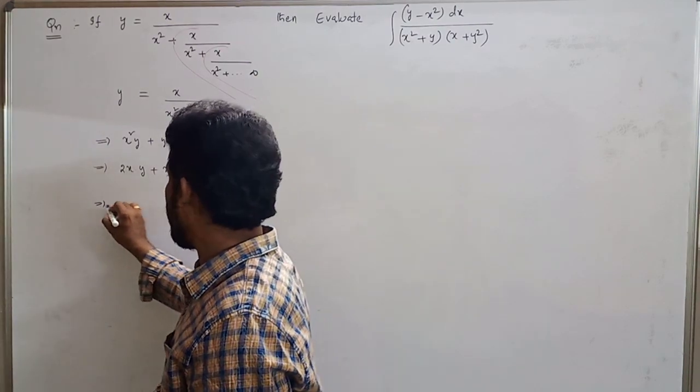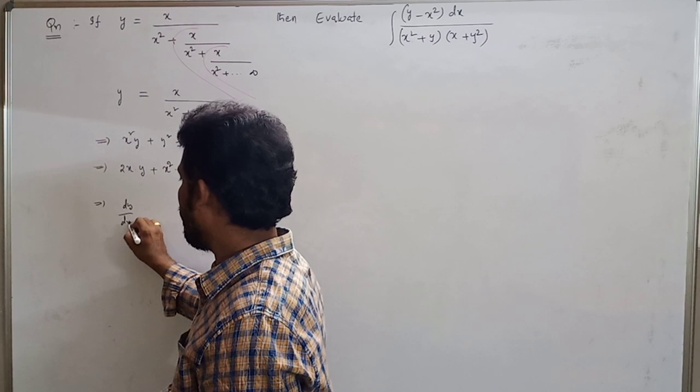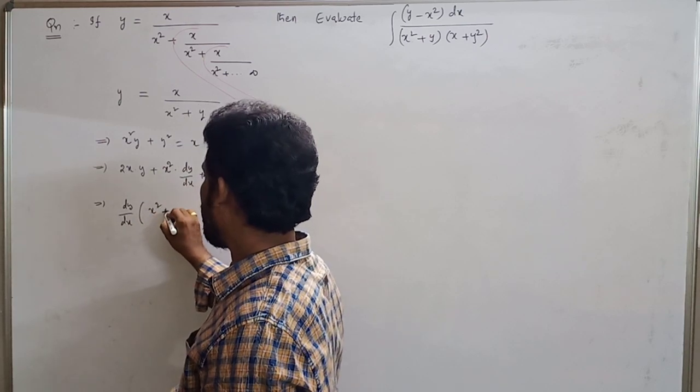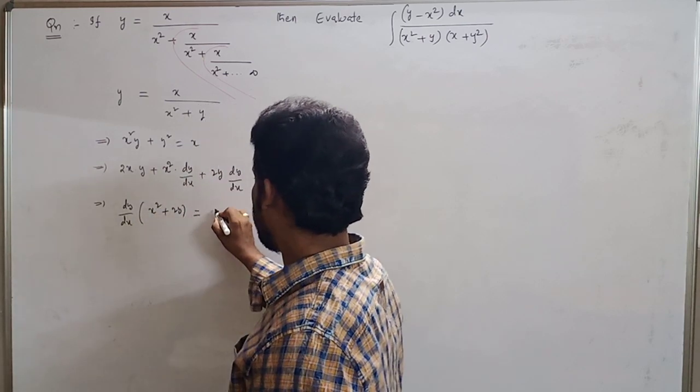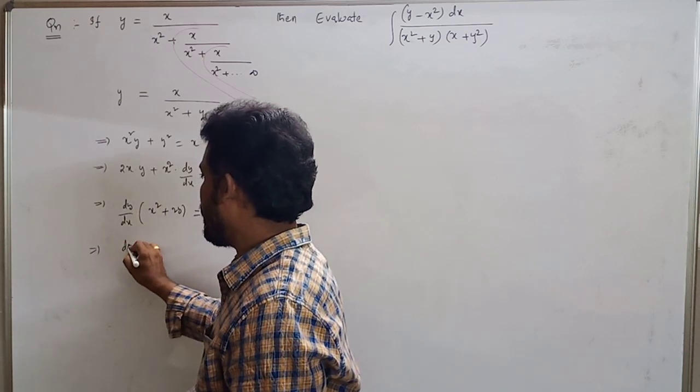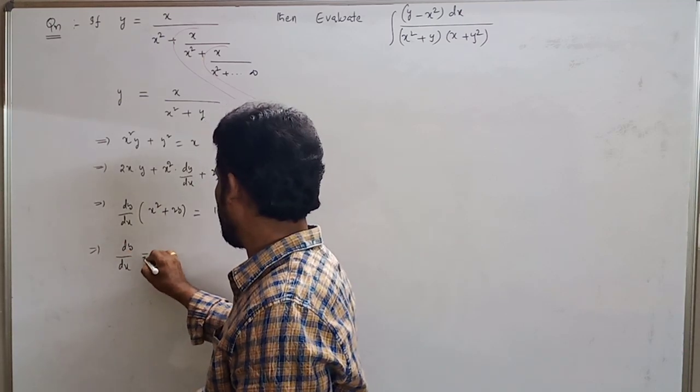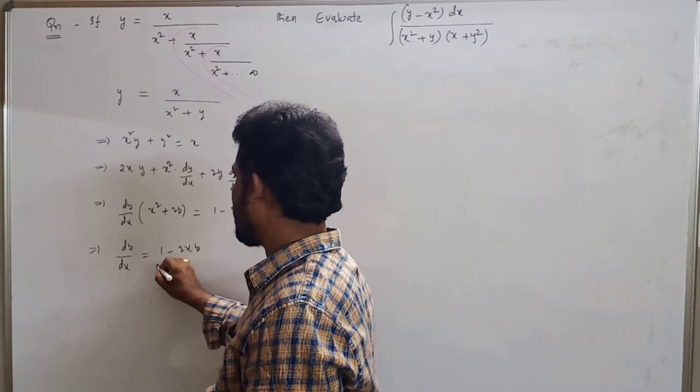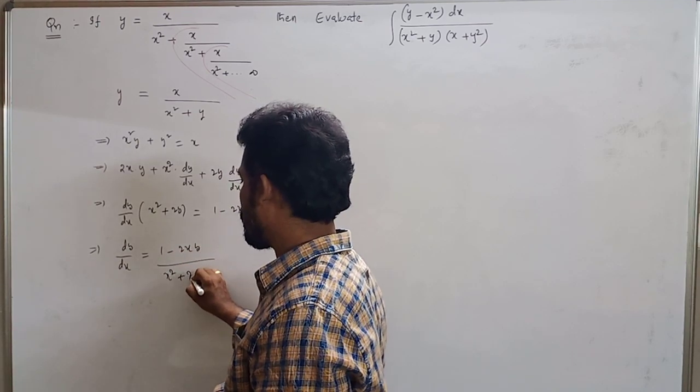Now if I take dy by dx common, this will be (x square plus 2y) and this is 1 minus 2xy. Therefore, dy by dx is equal to (1 minus 2xy) by (x square plus 2y).